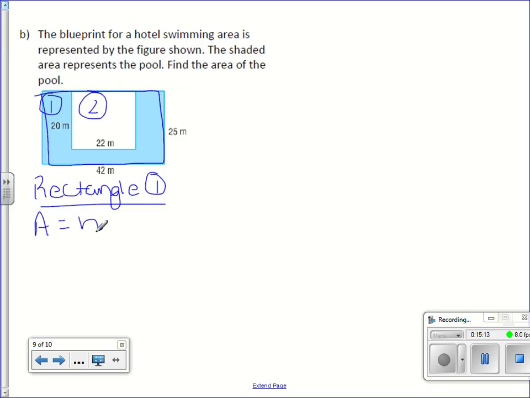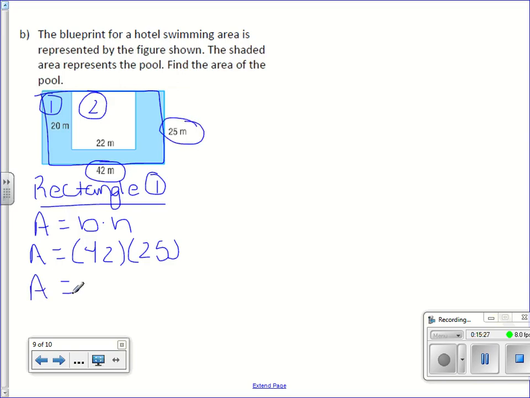Area equals base times height. Area equals 42 times 25. These are the dimensions of the bigger rectangle. Area equals 1,050. And that takes care of rectangle 1. Now we need to take care of rectangle 2.